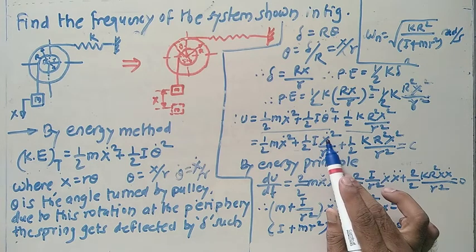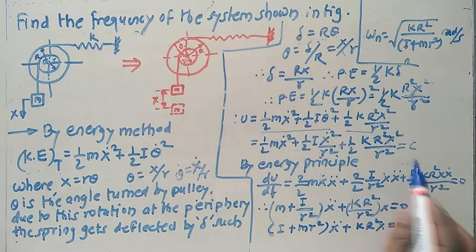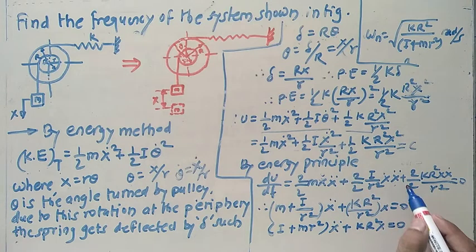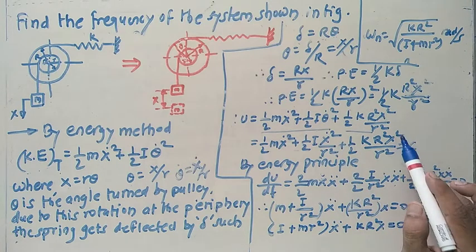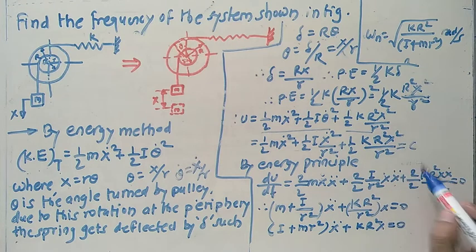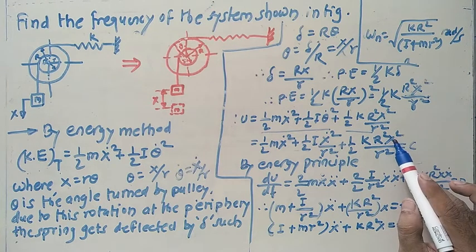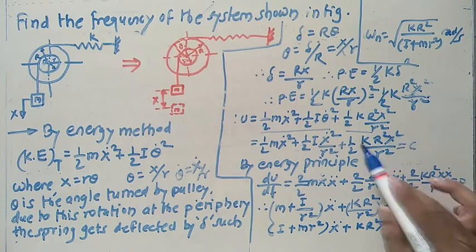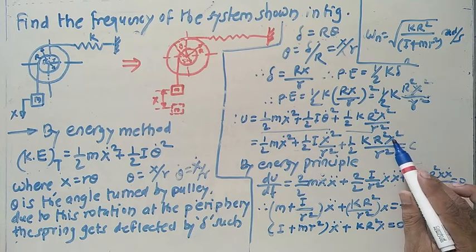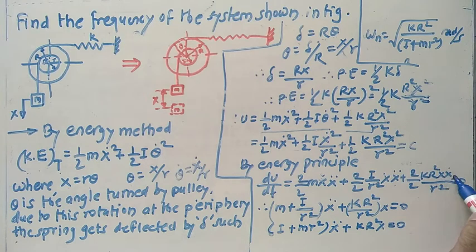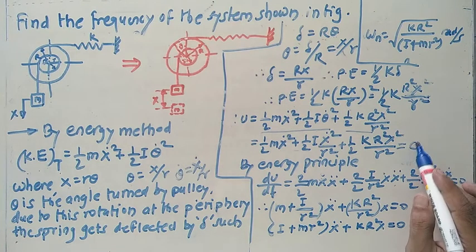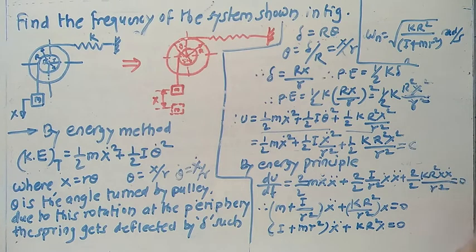So what about the derivative of this one? x dot. Again derivative of x dot is nothing but x double dot, plus next one. This term is constant, so write this term as it is, and the remaining one is x. Derivative of x is 2 x x dot. Like this, and equate with 0 because the derivative of a constant is 0.